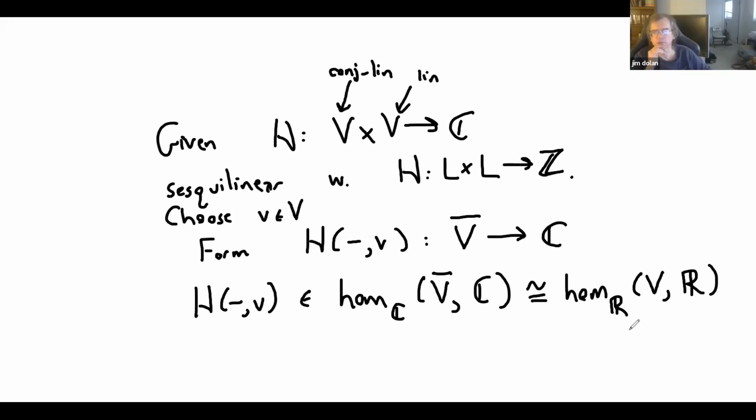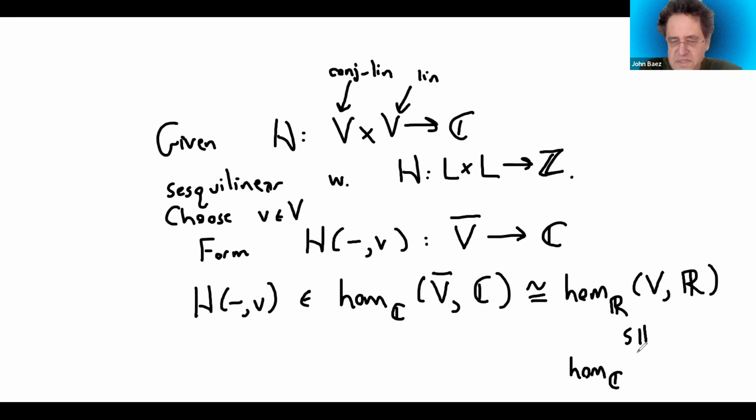What you had mentioned once upon a time was that real linear maps from V to R correspond to complex linear maps from V to C. V here is a complex vector space, right?